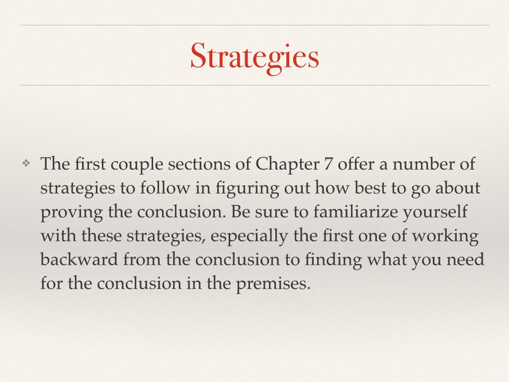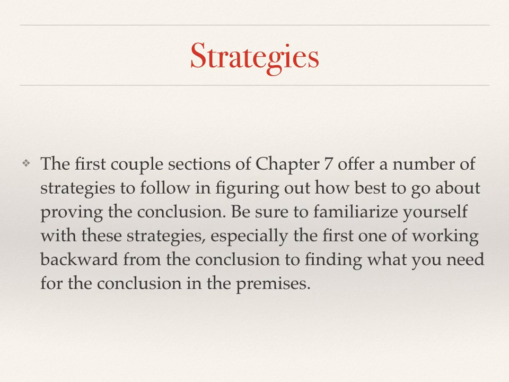Another thing to keep in mind before you go through the proofs are certain strategies. The first couple of sections of Chapter 7 offer a number of strategies to follow in figuring out how best to go about proving the conclusion. So be sure to familiarize yourself with these strategies, especially the first one of working backward from the conclusion to finding what you need for the conclusion in the premises. But there's a number of other strategies.